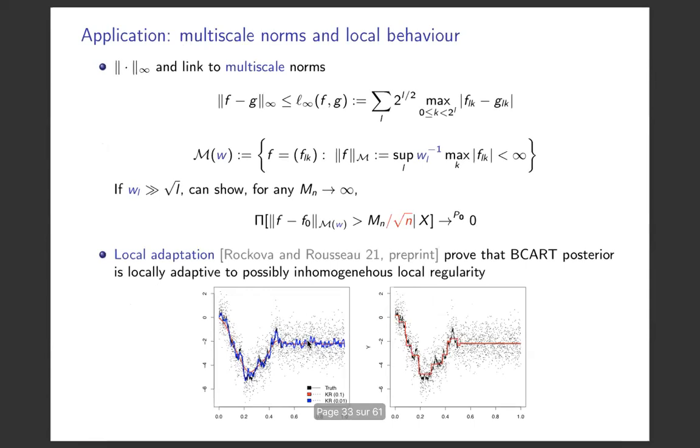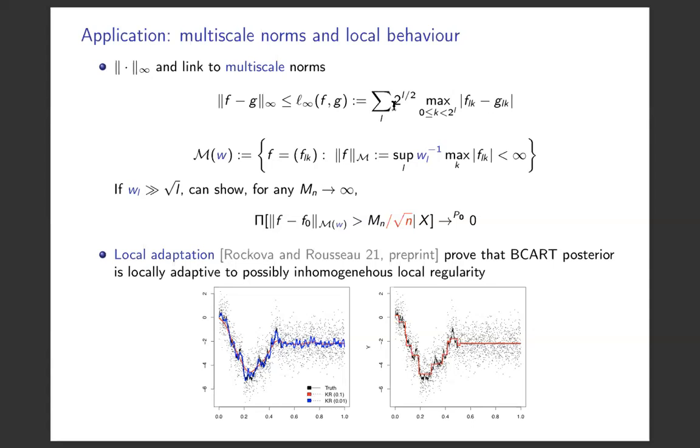Okay, so another interesting series of related results is about multiscale norms and behaviors. Indeed, the sup-norm, you can link it in a certain way, you can bound it from above by some sum involving wavelet coefficients, and there is a 2 to the L over 2 here. So essentially, up to logs, it will converge at the same rate as the sup-norm.